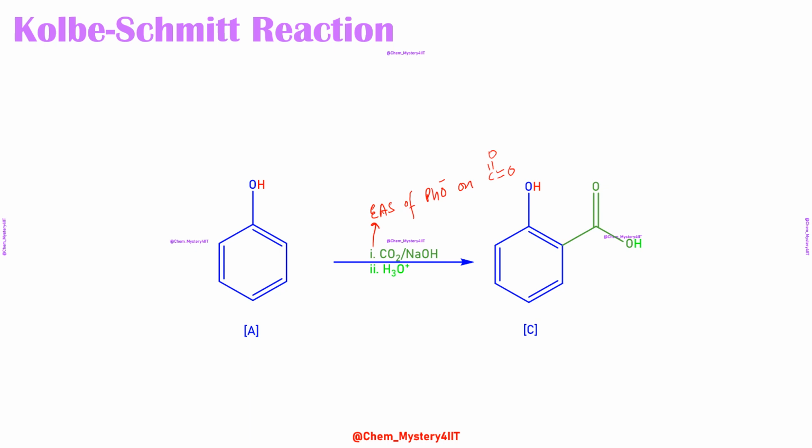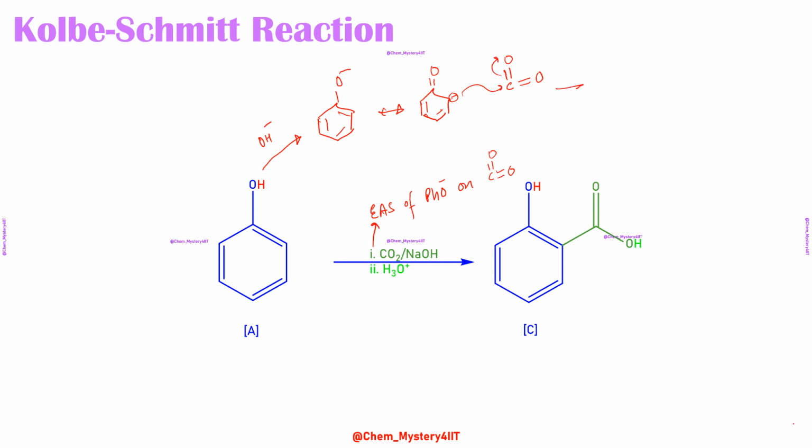Basic medium ensures conversion of phenol into a more nucleophilic species, because when your phenol is reacting with hydroxide ion, we are getting an even more nucleophilic situation over here. And this phenoxide ion will be giving us an even better nucleophile, which is going to be a carbon with the negative charge. And this negatively charged carbon is going to attack onto this carbonyl carbon.